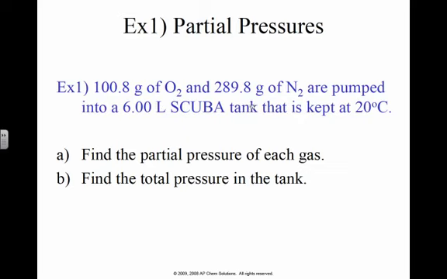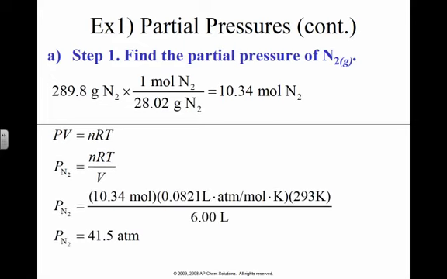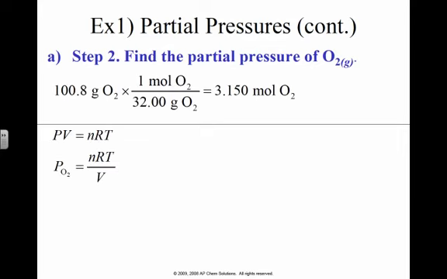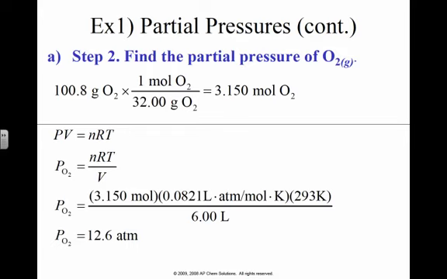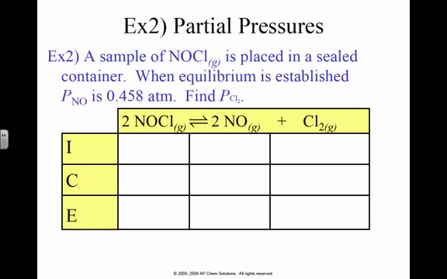I could do that for each one, or I could solve for moles of each and add them together and plug it in. So grams to moles for nitrogen, plug it into PV=nRT, get 41.5 atm. Grams to moles for oxygen, plug it into PV=nRT, get 12.6 atm. Add them together, the total pressure is 54.1 atm.